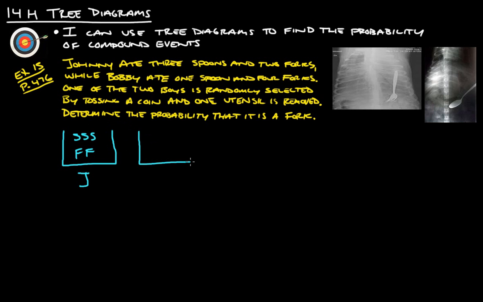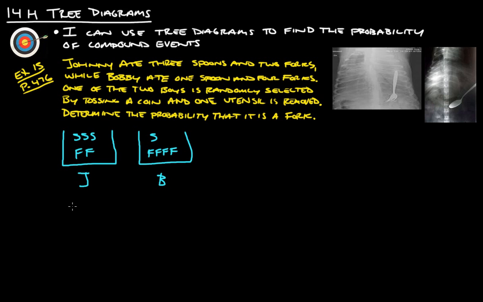And then the other one is Bobby, and he's got 1 spoon and 4 forks. Okay, so determine the probability, one of the 2 boys is randomly selected by tossing a coin, and then 1 utensil is removed. Determine the probability that it's a fork. Okay, so again, each one of these is a 50-50 chance.